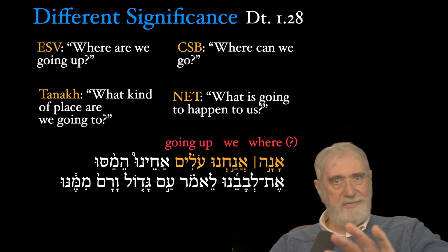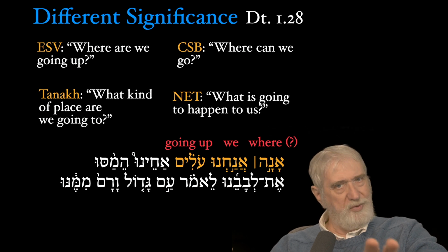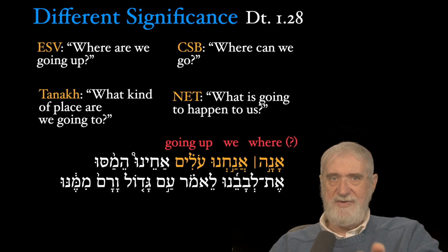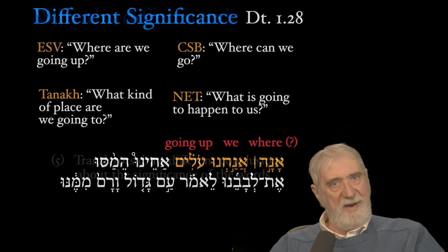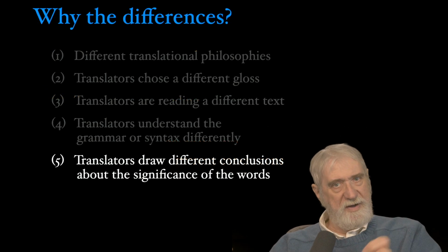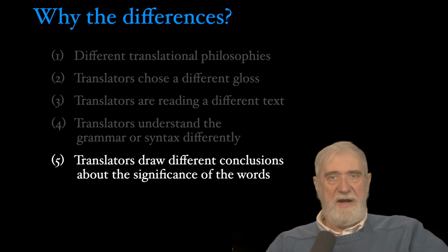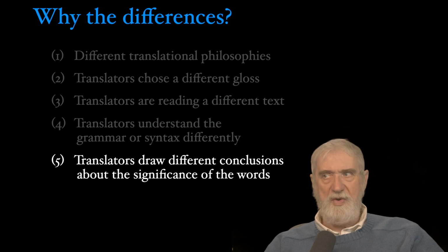Now, I'm not going to sort through these for you and attempt to answer them because it's too complex a problem. I just want you to see, in this case, the nature of the difficulty that arises because translators have a different conclusion about the significance of a word in a particular place. So, again, what kind of resources could you use to examine this problem?